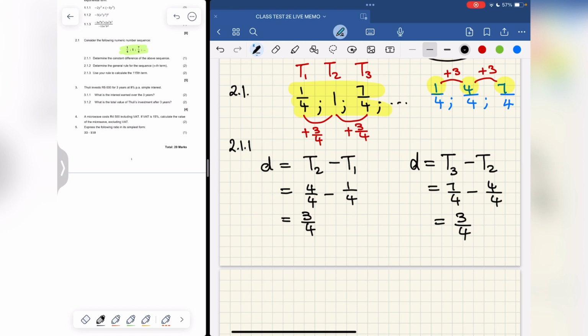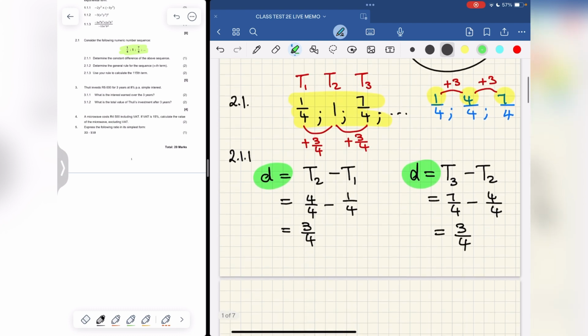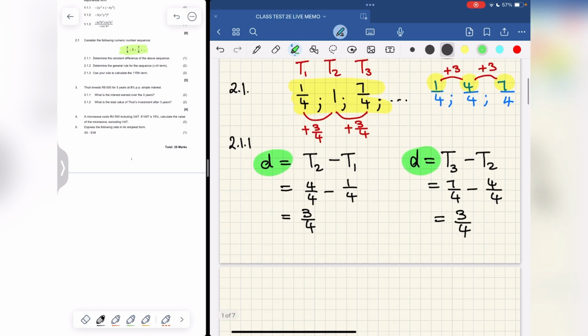Now, of course, I'm breaking the rules a little bit by saying that the constant difference is already equal to term 2 minus term 1, because what if this was not the same answer? But we already calculated it to be 3 quarters, so that's why I just used D at the beginning. Usually you would first calculate term 2 minus term 1, get an answer, and then compare that answer with term 3 minus term 2.